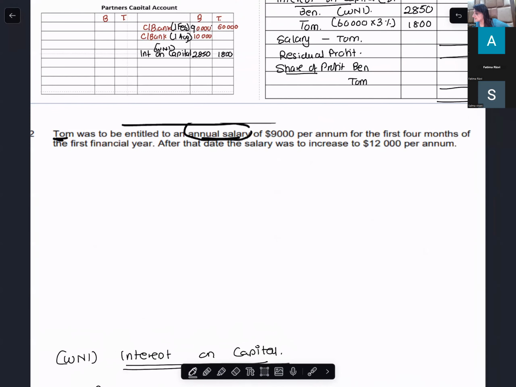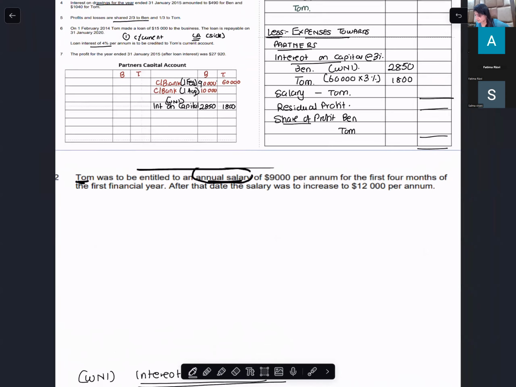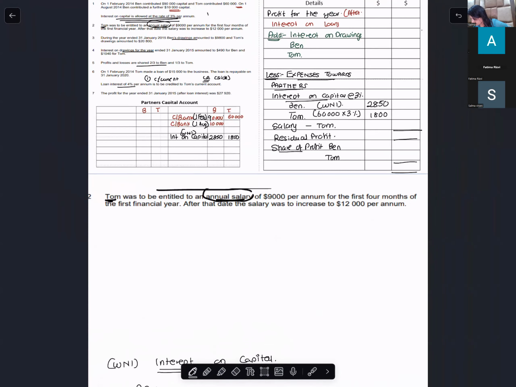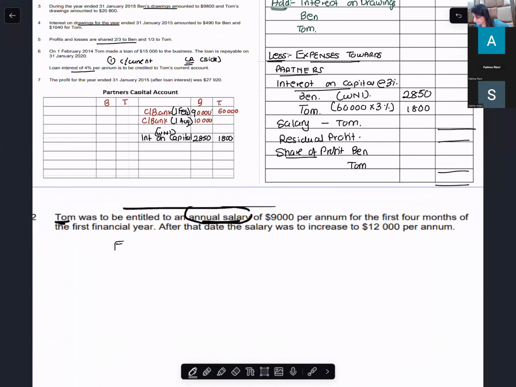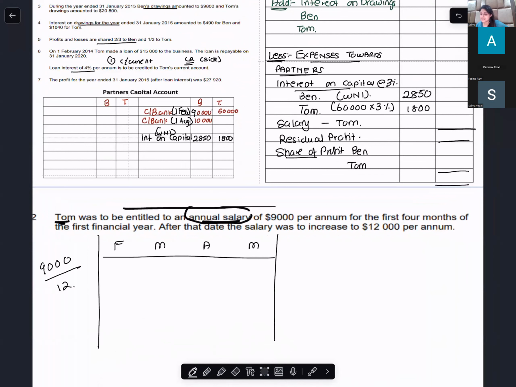Tom is entitled to 9,000 per annum for the first 4 months. What are the first 4 months? Feb, March, April, and May. So for these 4 months, he is going to get a salary which is 9,000 per annum. Per annum means 9,000 is for the full year. So how much would be the salary per month?